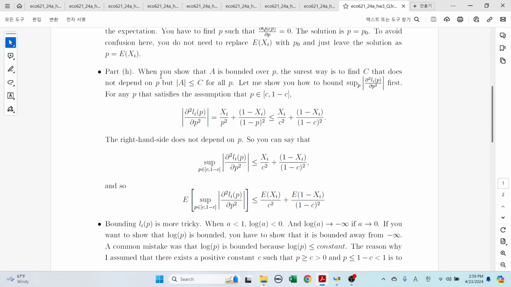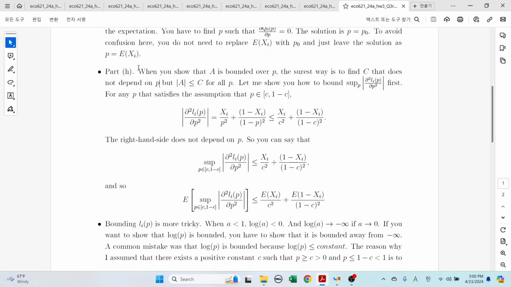We want to show that A is bounded over P. Mathematically, its definition is to find a constant C that does not depend on P, such that the absolute value of A is bounded by C for any P. So this is the bound. For whatever P is, A will be bounded by C. Of course, C should not depend on P.